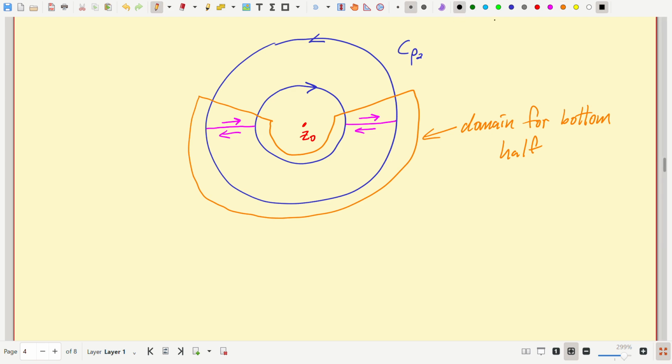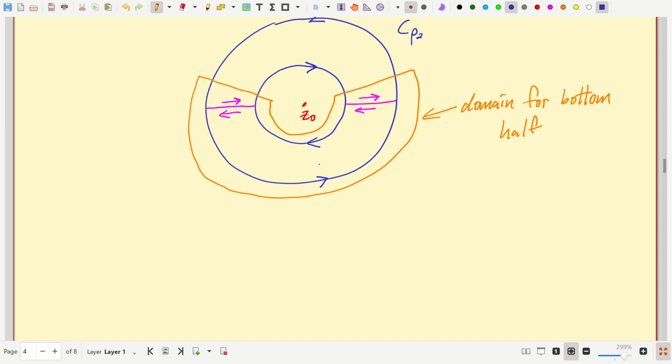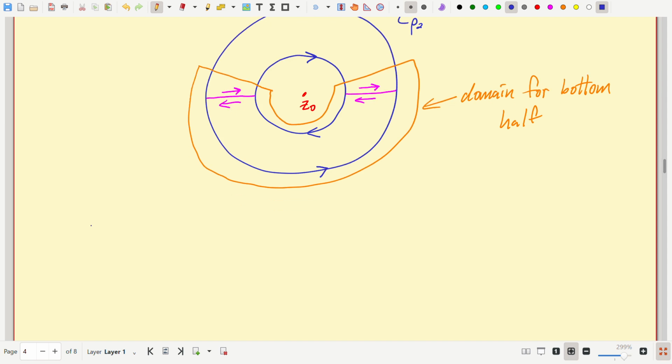The blue stuff is going like that and like this, so that's a counterclockwise curve inside that domain too. And so we get the integral around gamma sub bottom of f dz equals 0, too.